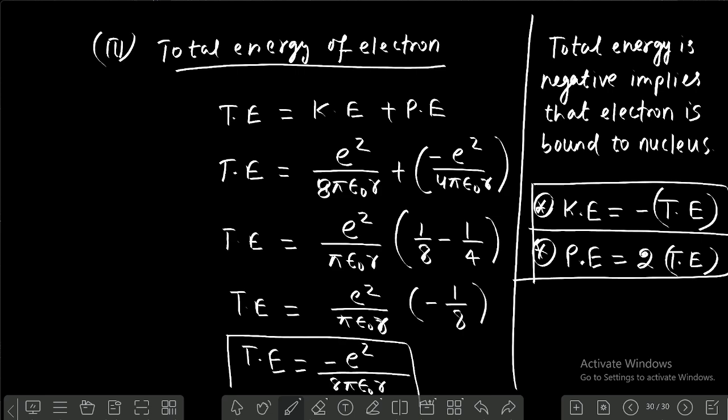First find the kinetic energy, then the potential energy, then add them. And remember, kinetic energy can never be negative. Potential energy can be negative, and total energy can also be negative, meaning the electron is bound to the nucleus.